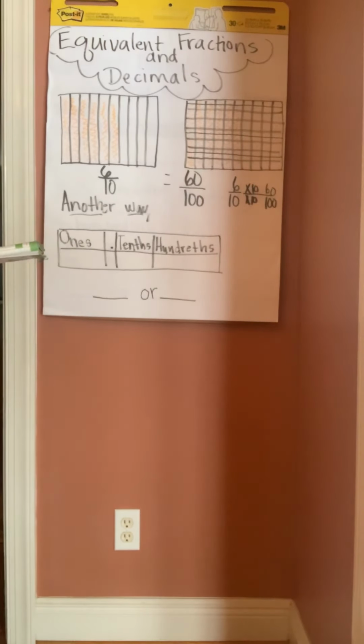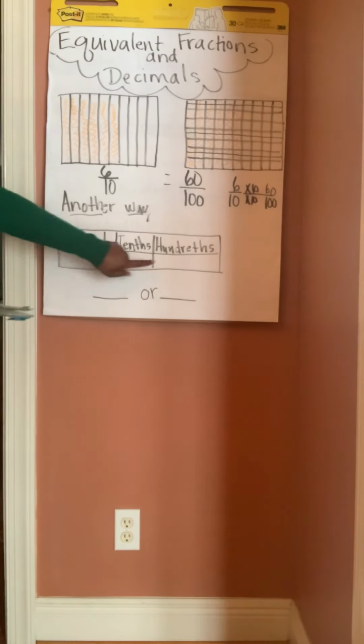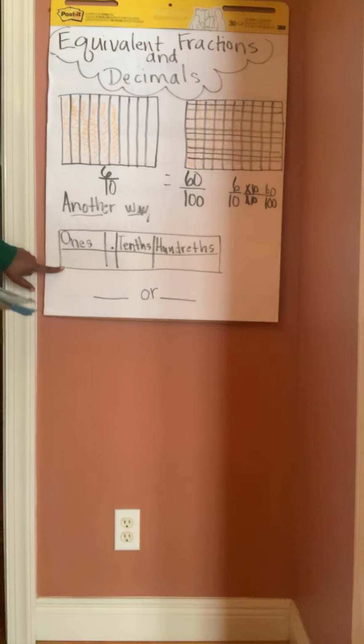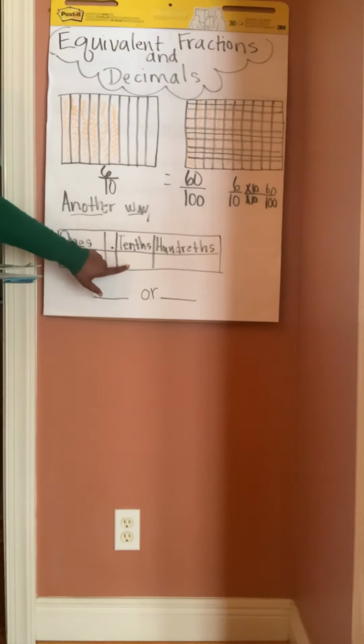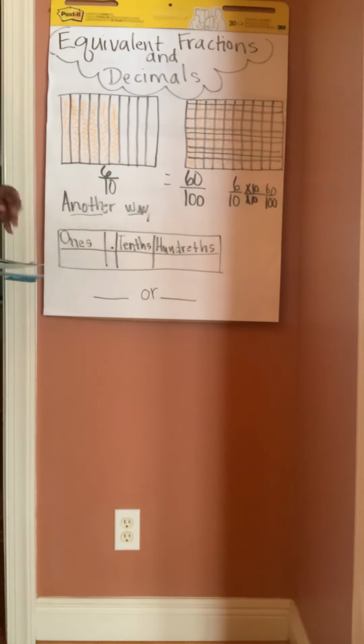Okay, another way is to use a number line. I have drawn my number line here, and you're going to use the number line that's on your math page for the rest of this lesson. I suggest you draw a number line on a separate sheet of paper, probably several, because you will need to fill them in for some of your other examples.